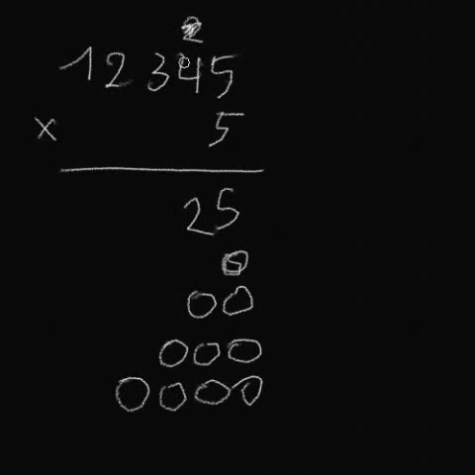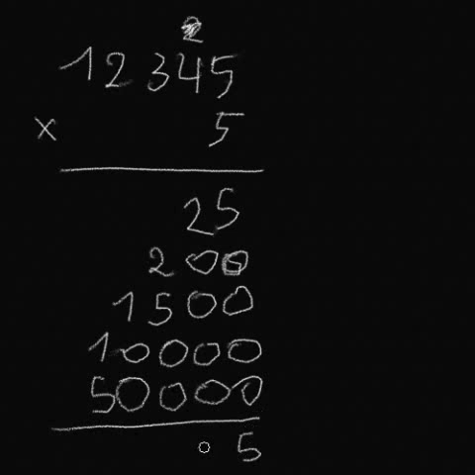So 4 times 5 is 20. 3 times 5 is 15. 2 times 5 is 10. And 1 times 5 is 5. And 5, 2, 7, 1, 6. So this is the traditional algorithm that permits us to do multiplication and to be sure about the result.